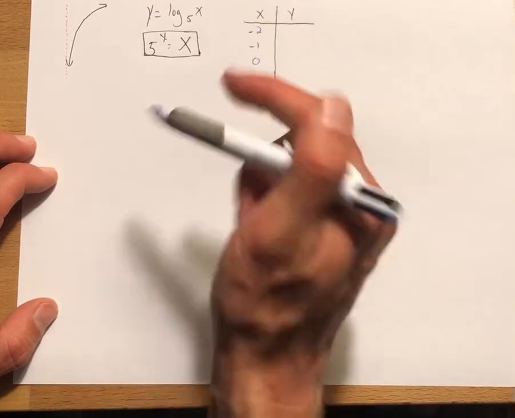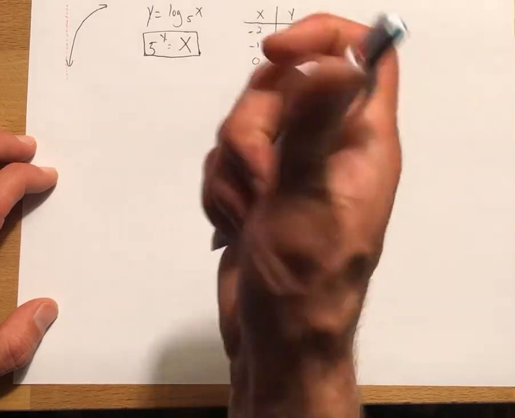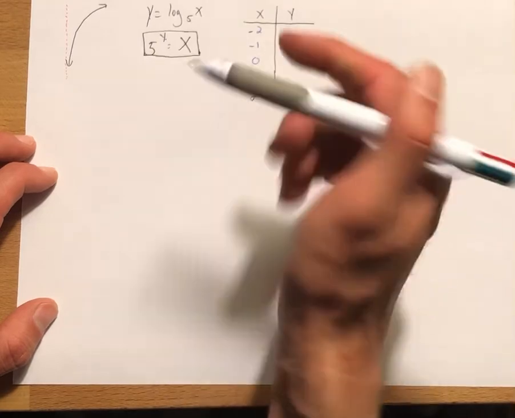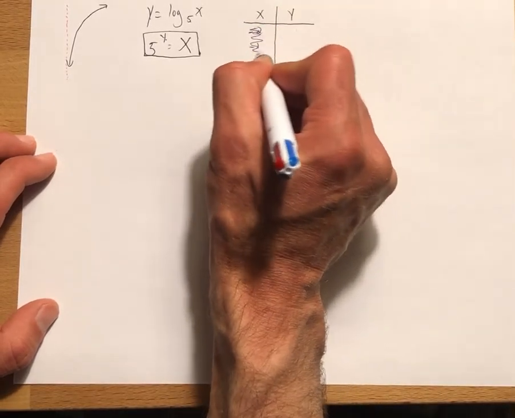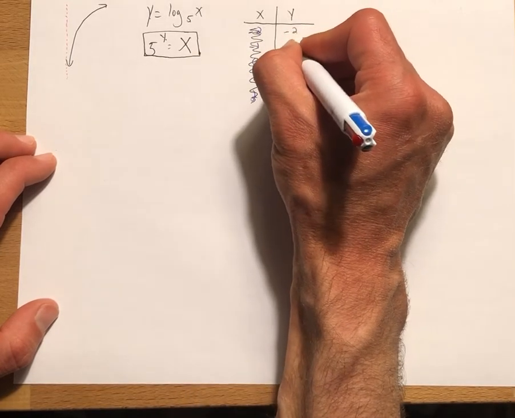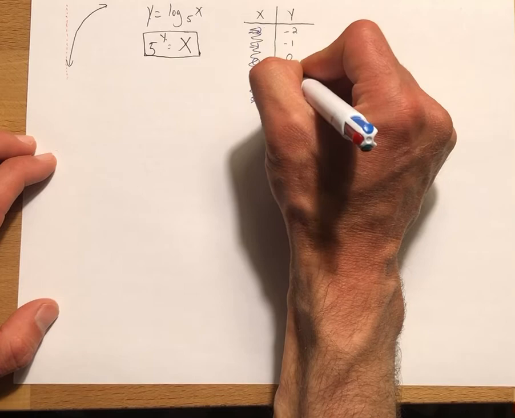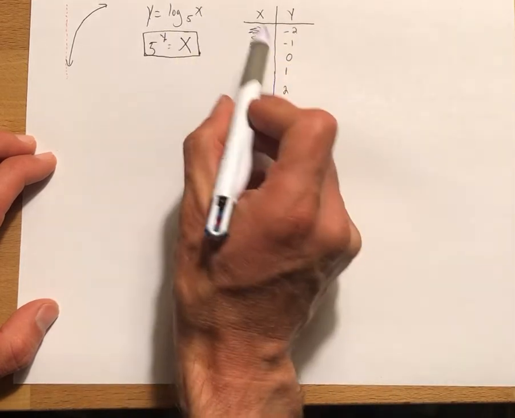I'm plugging in for my y, -2, -1, 0, 1, 2. I'm going to plug these into my y and figure out what my x is.